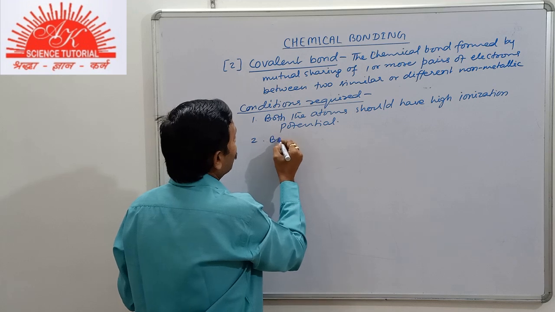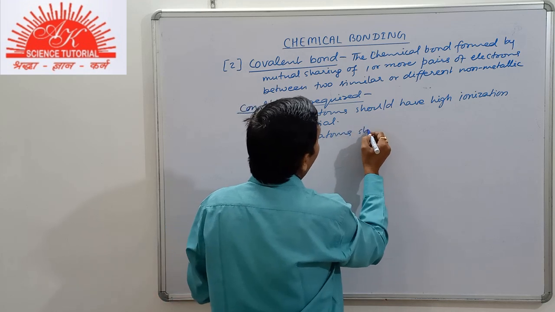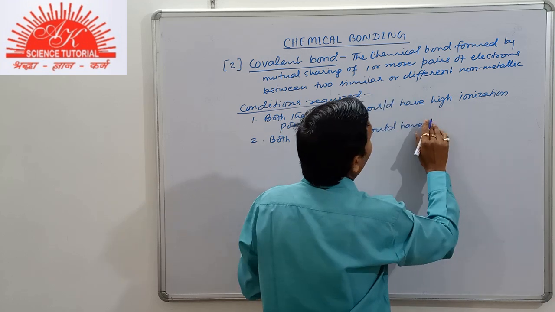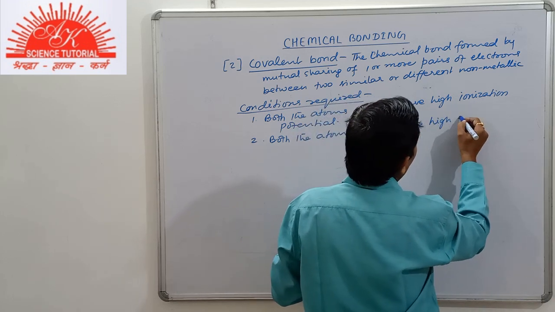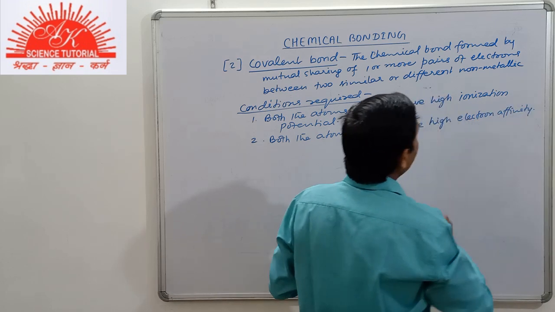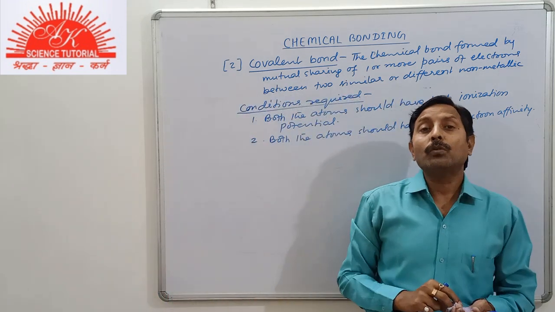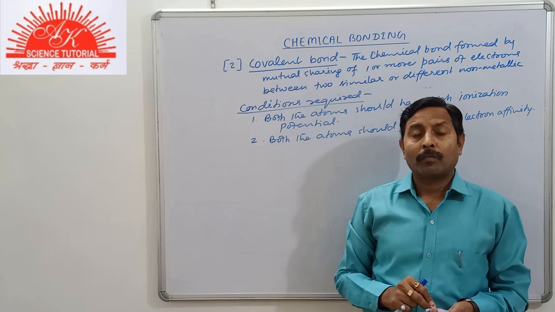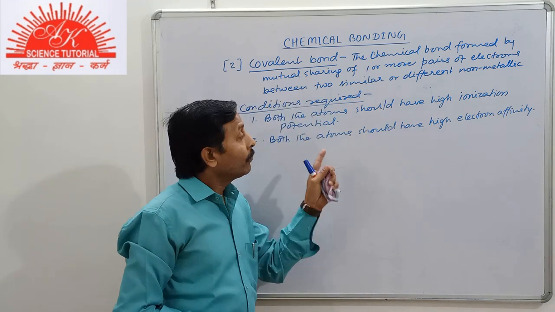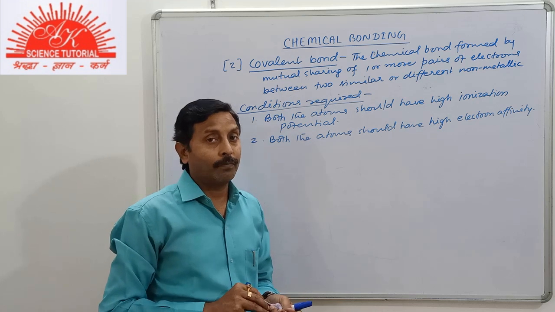Next, both the atoms should have high electron affinity. As a result, both the atoms have a tendency to accept electrons. So they will not be able to lose electrons, and there will be the chance of only sharing, a partnership of electrons between the two atoms.